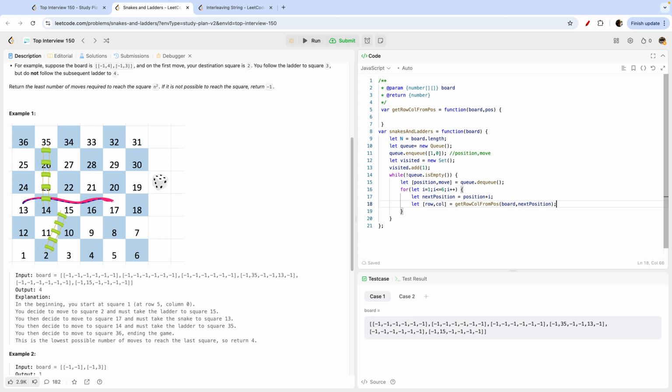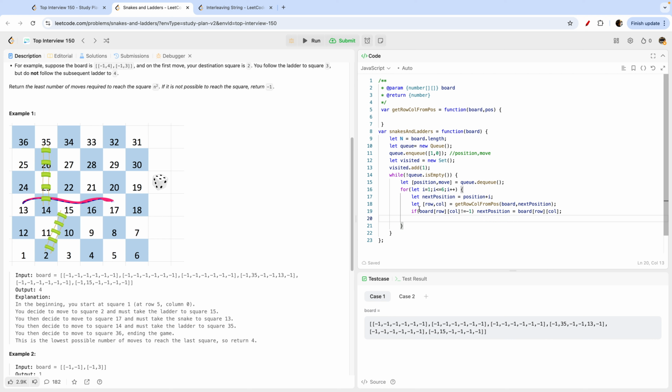Okay, now we got the row column, right? So now we need to find out whether we can jump through the ladder or the snake. So if board[row][column] is not equal to -1, then next position would be board[row][column].